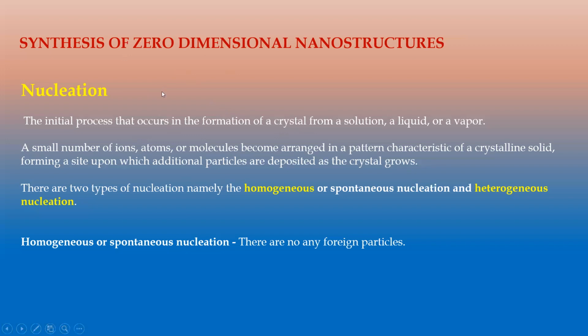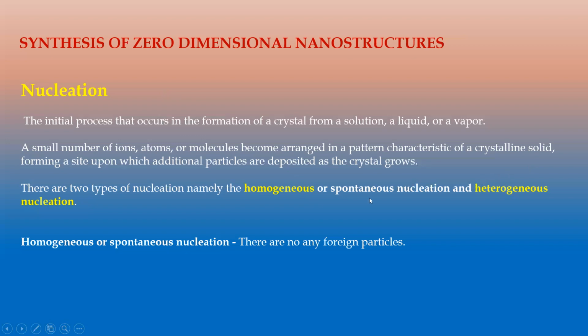Based upon this, the nucleation process is categorized into two types: homogeneous or heterogeneous nucleation. Homogeneous nucleation is also called spontaneous nucleation. In that case, no additional or foreign material is required to start the nucleation process.